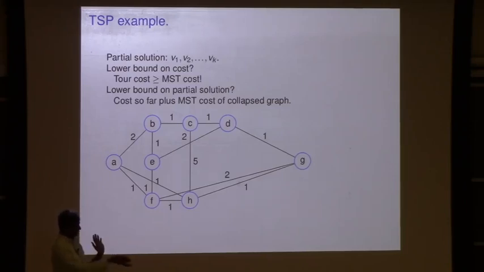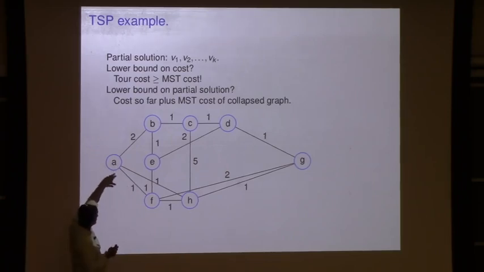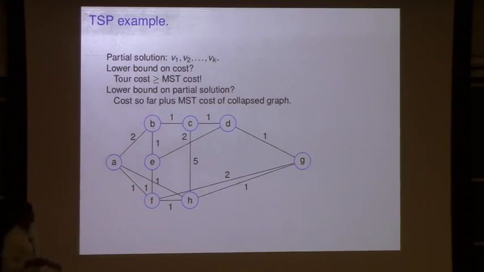You have n cities and you want to find a tour, which means just an ordering of the cities. You can start at V1, it doesn't matter, because you're going to come back to V1. Does that make sense?